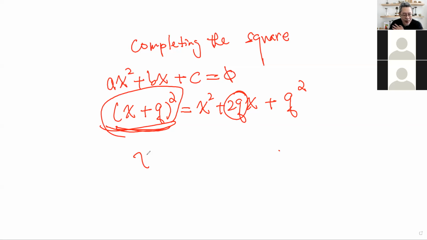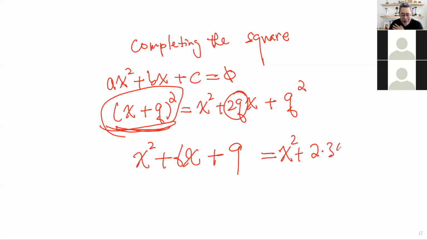For example, x squared plus 6x plus 9, we can write as x squared plus 2 times 3x plus 3 squared, and that is x plus 3 squared. Good? Are we good?